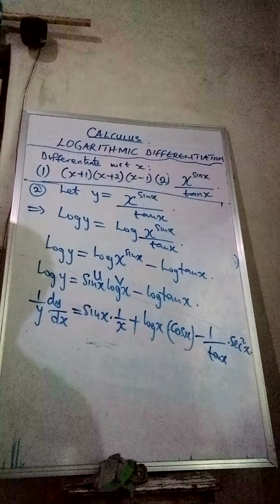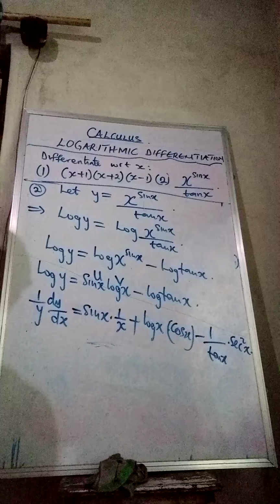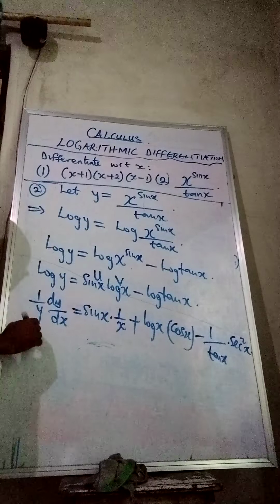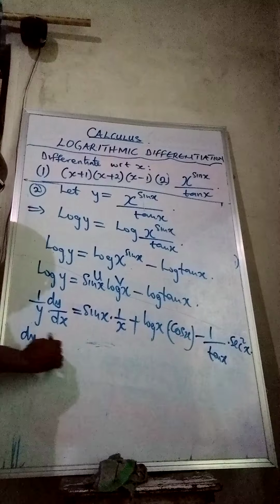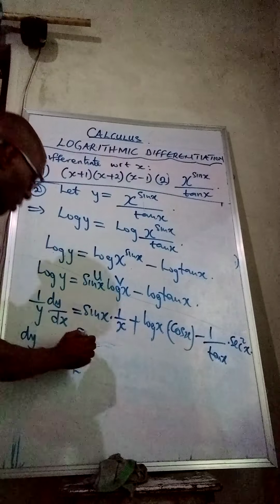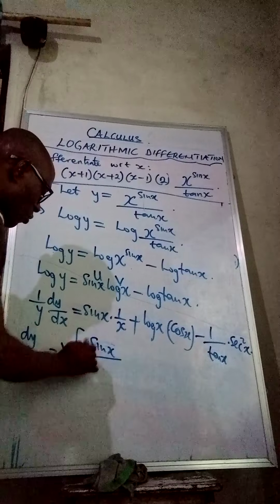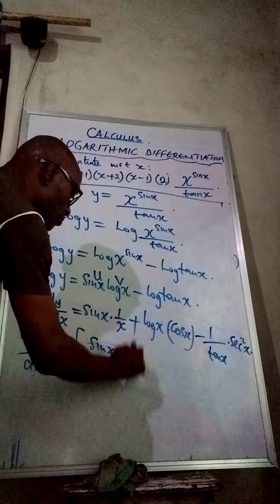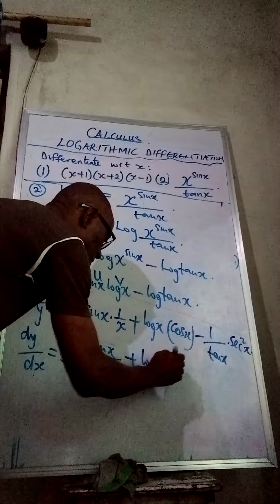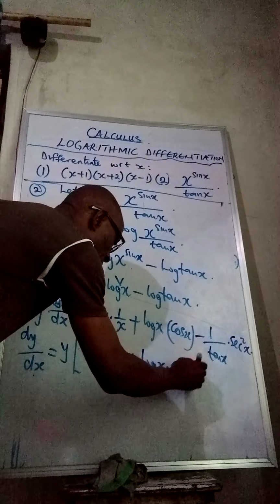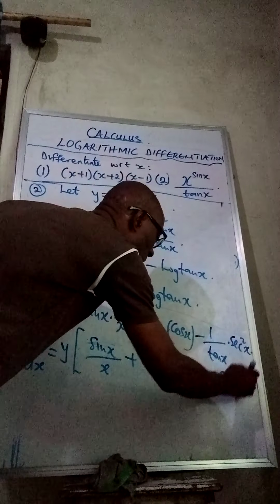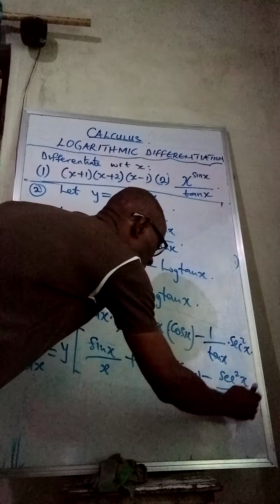So, what next? Okay, y will be brought to this side to multiply. So dy/dx will now be y into bracket, this will be sine x over x plus log x cos x minus sec square x over tan x.